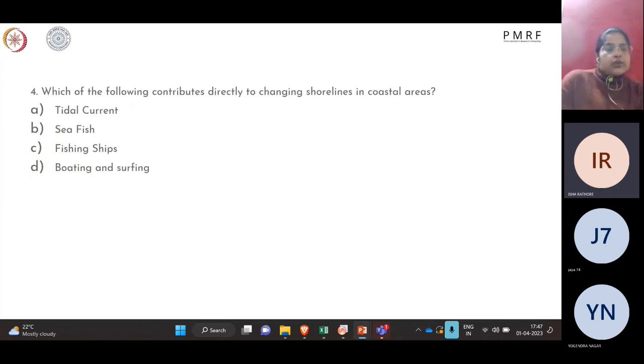So moving on to question four, which of the following contributes directly to changing shorelines and coastal area? Is it A, tidal current, B, sea fish, C, fishing ships, or D, boating and surfing? So which of the following four options contribute directly to changing shorelines?